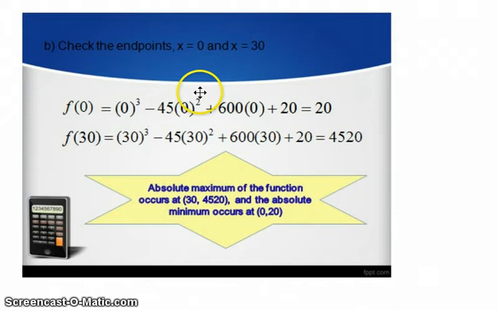Because you only want to find the endpoints, what you really want to do is find the y of 0 and 30. You do not want to use the derivative anymore. You would like to use the original function that was given to you. I can go back and read the problem again.